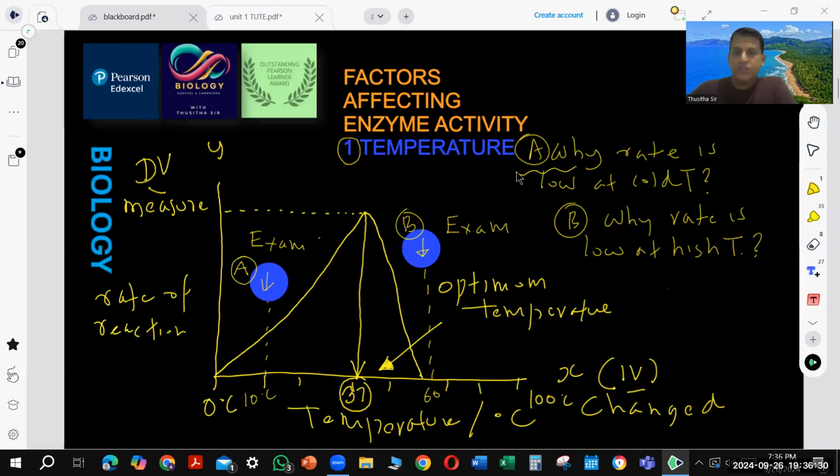You can also write this question. We will try to find the answer later. Why is the rate low at cold temperature? Why is the rate low at higher temperature?